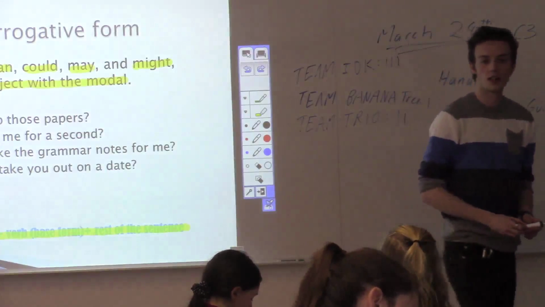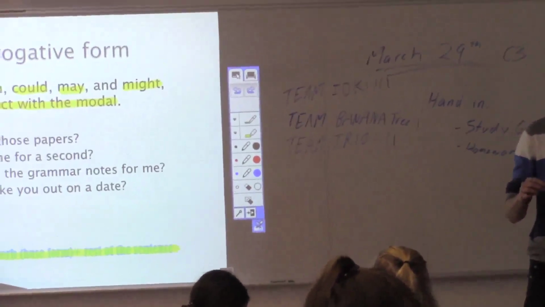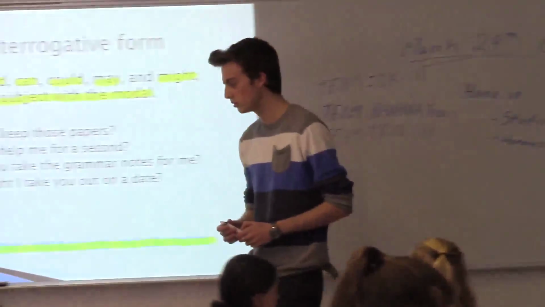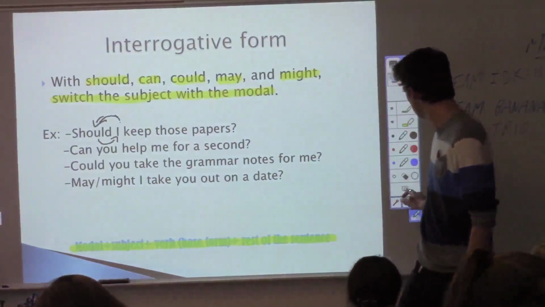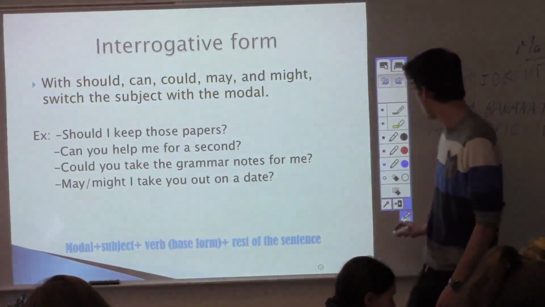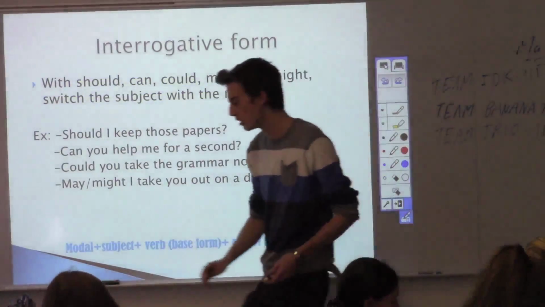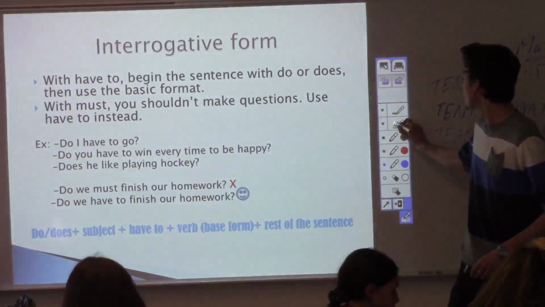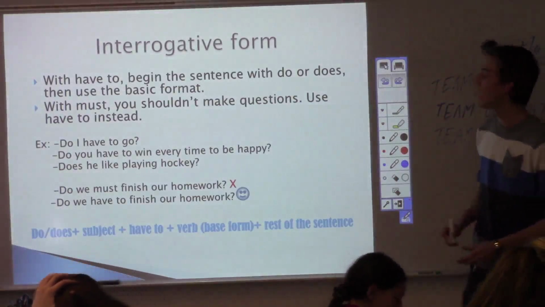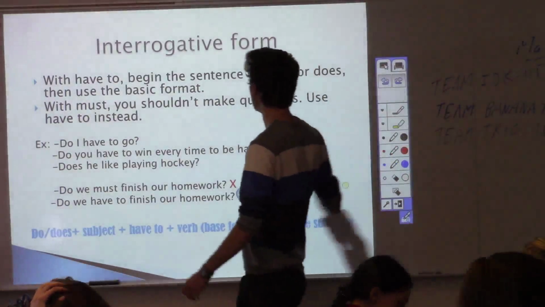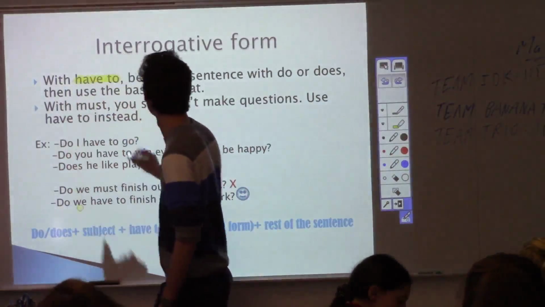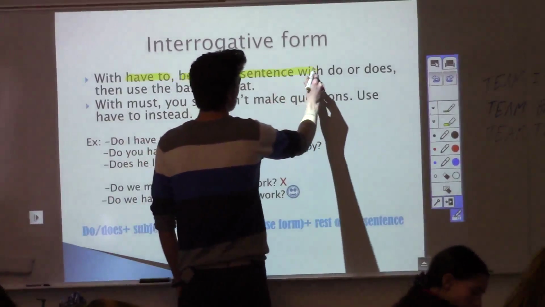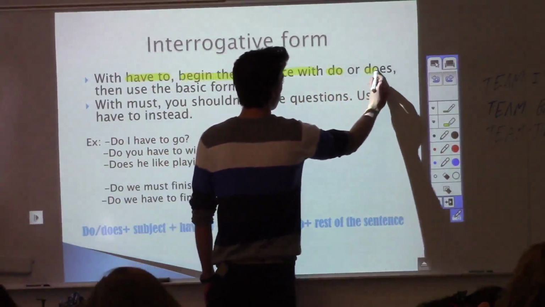Okay. Is everybody finished with note-taking? Yes. Okay. All right. Let's switch. Now, when you have the modal have to, what you do is you begin the sentence with do or with does.